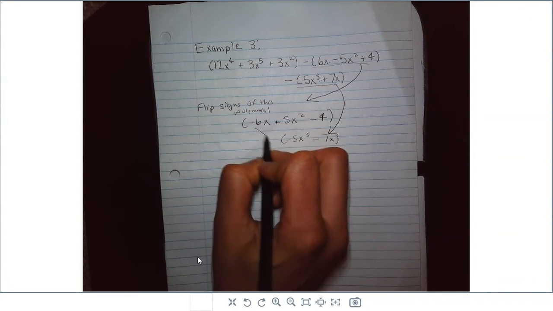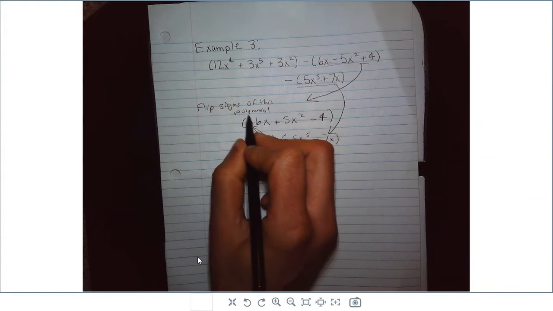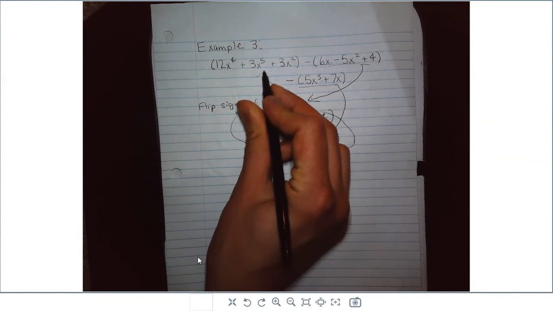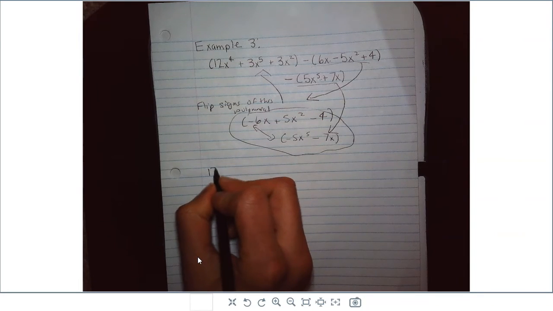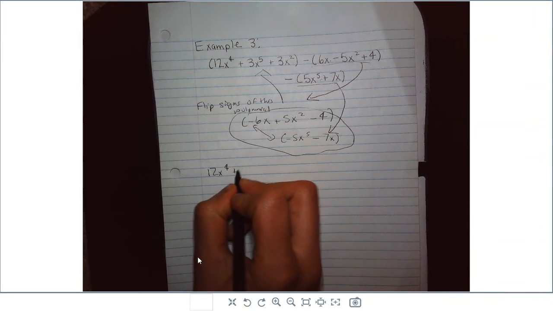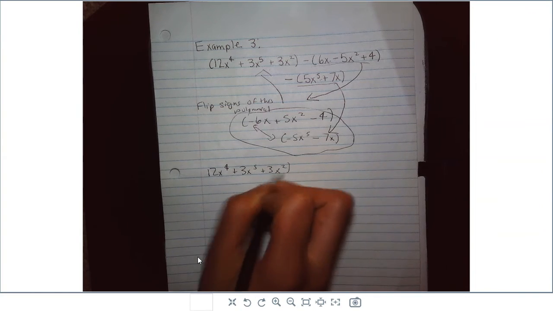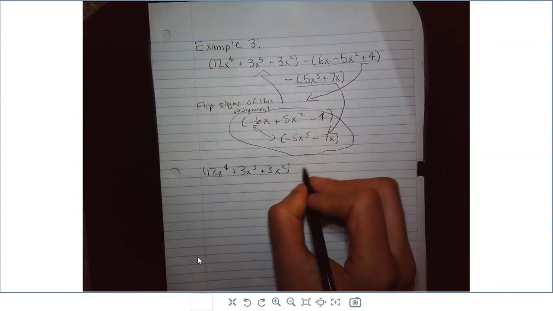So now we add these two polynomials with the first polynomial. So we get 12x to the power of 4 plus 3x to the power of 5 plus 3x squared. Okay, let's include the brackets in this step.